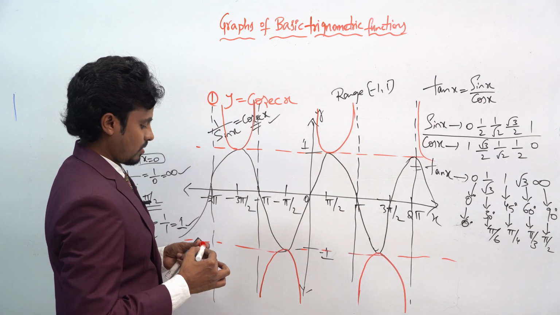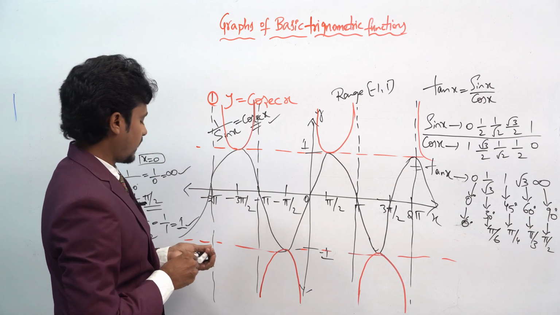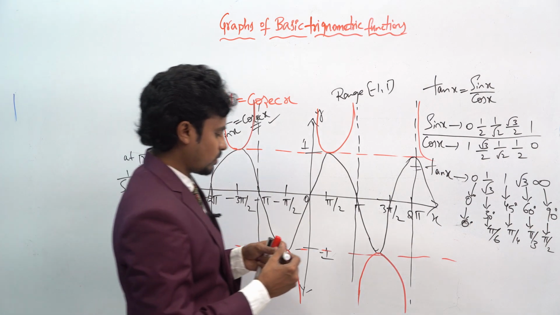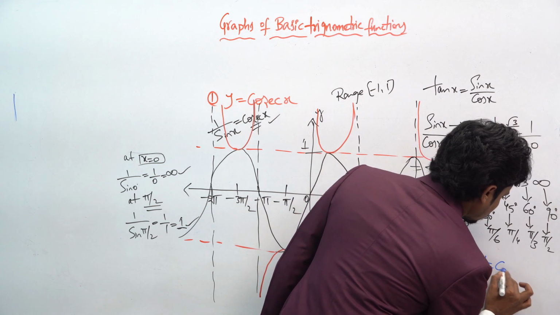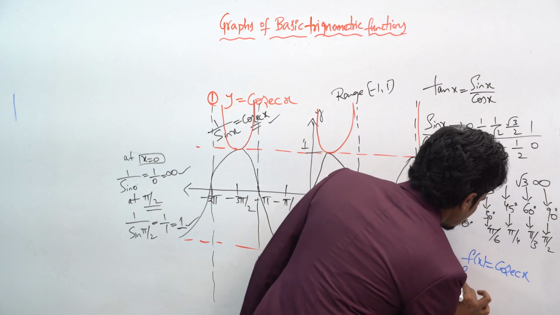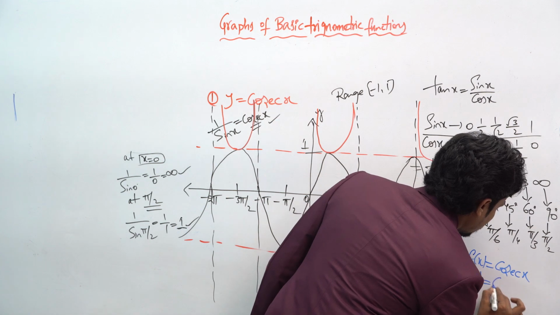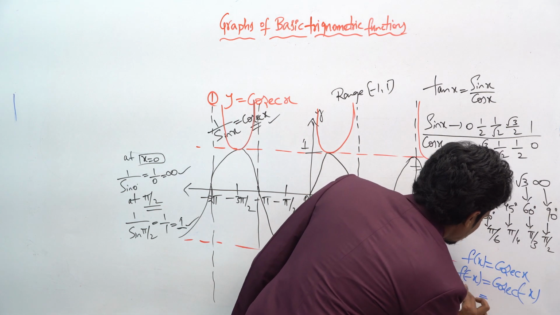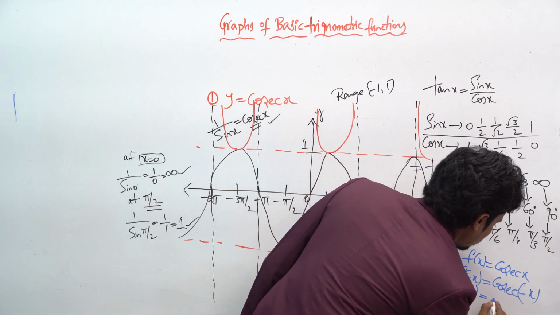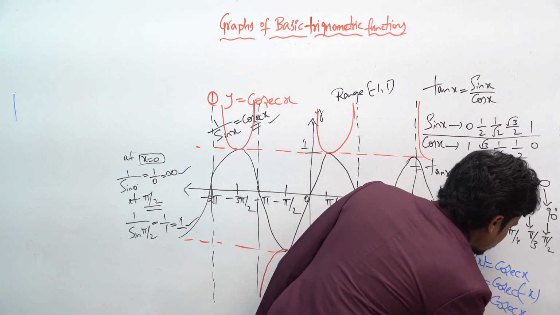Okay, so if you take f of x is equal to cosecant of x, and you apply f of minus x, that is equal to cosecant of minus x. So here f of minus x will be equal to cosecant of x.